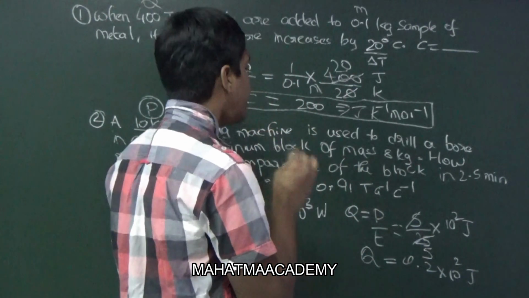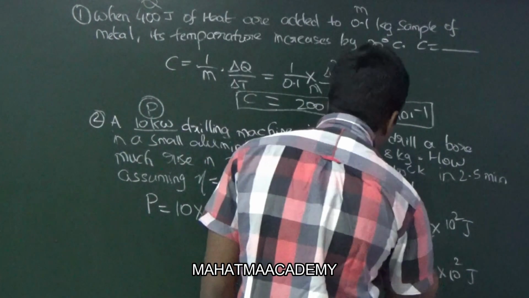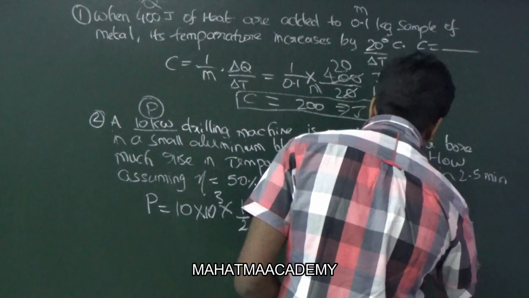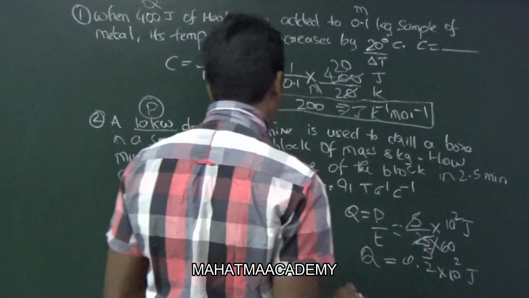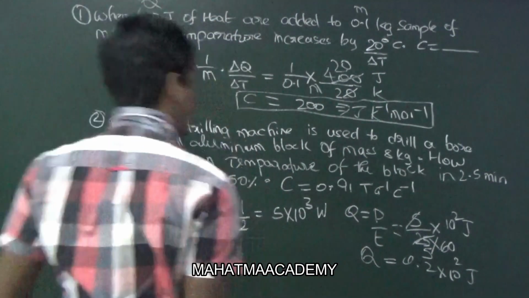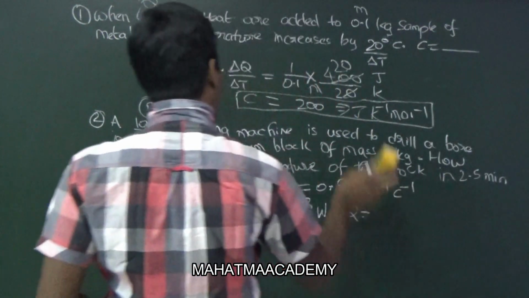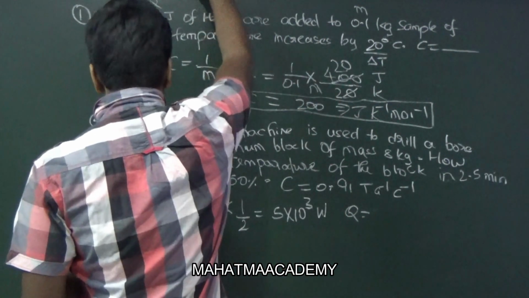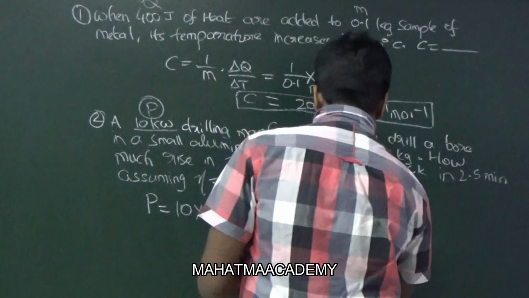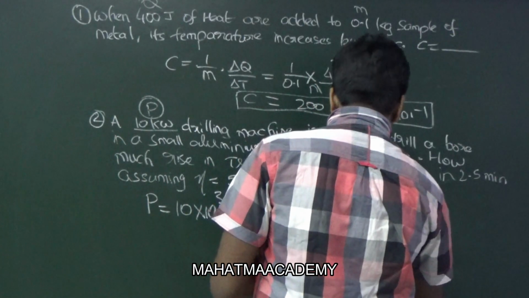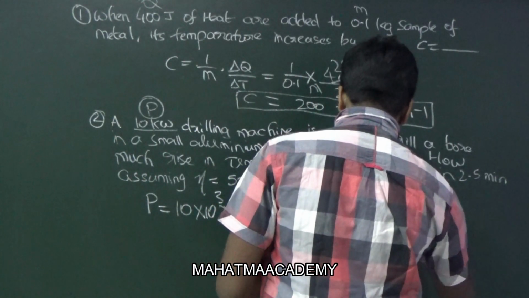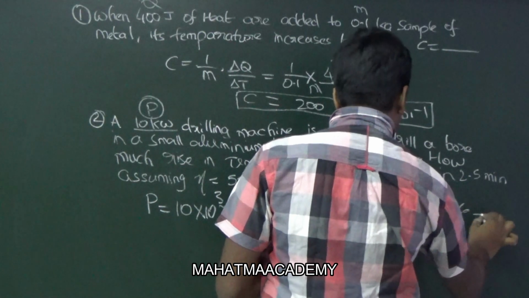The question is in minutes, so I want to divide by 60 into 60 here. Without doing all this, you can simply write it as 0.75 into 10 to the power of 6 joule.